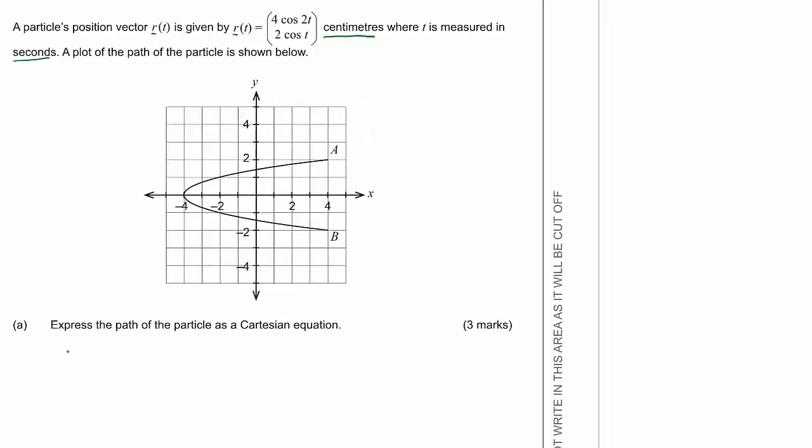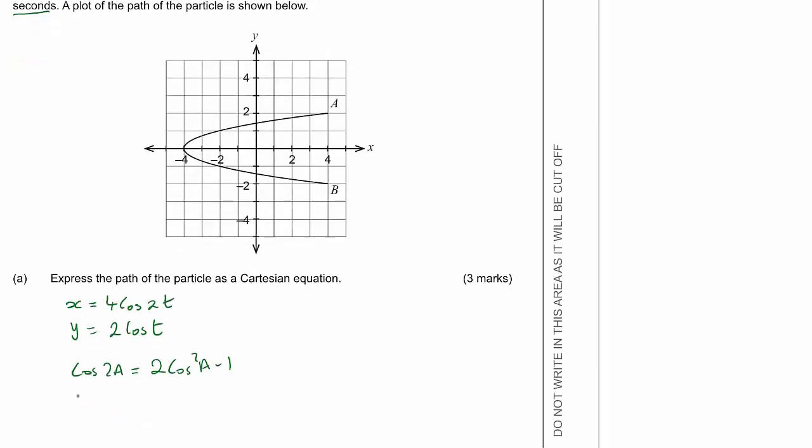So looking at the position vector, we have that x is 4 cos 2t, and that y is 2 cos t. Now we know that cos 2a can be written as 2 cos squared a take away 1. So therefore x is going to be 4 lots of 2 cos squared t take away 1.